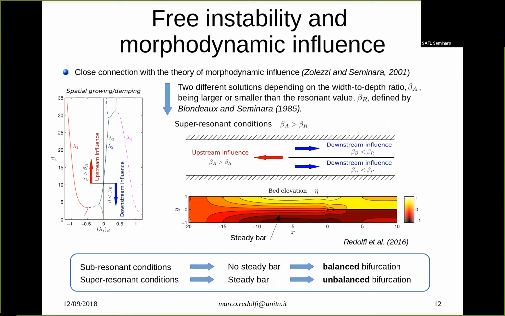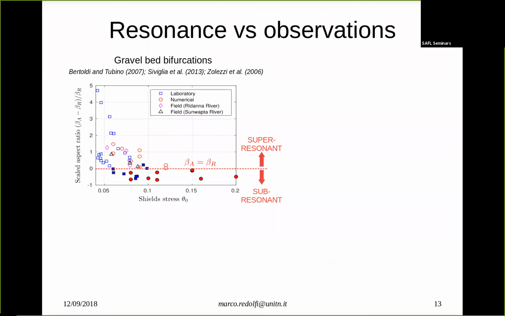Well, this provides a criterion to define whether the bifurcation is balanced or unbalanced. To test this criterion, here I report different cases of gravel bed bifurcations, illustrated in a plot where I have the shear stress on the x-axis and the difference between beta and the resonant beta on the y-axis, so that what's above the red line is super-resonant, and what is below is sub-resonant.